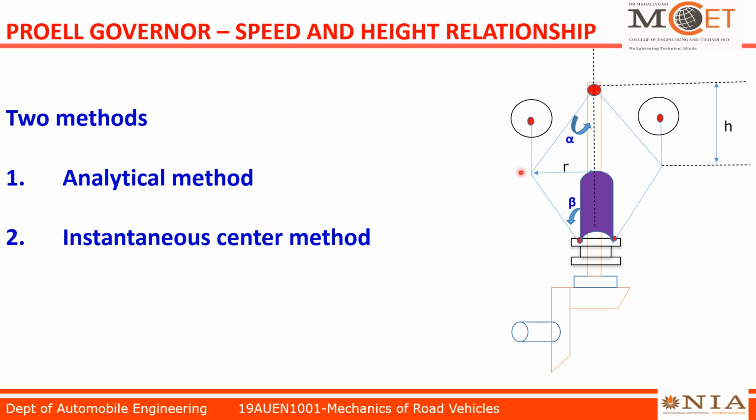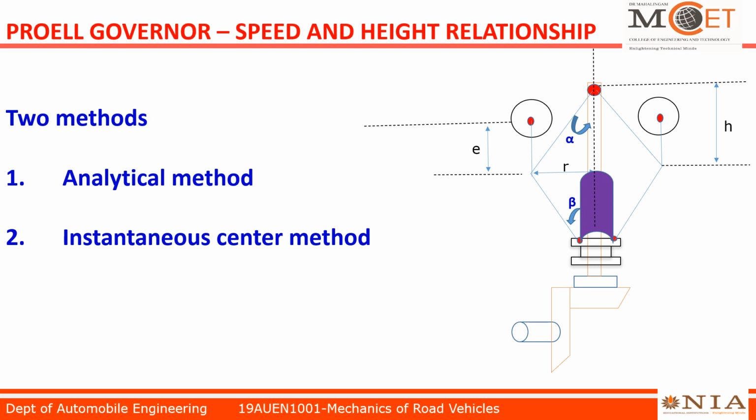Instead of fixing the fly ball at the center or connecting points of the upper and lower arm, we go for the eccentricity provided for attaching the fly ball on the Proell governor. This eccentricity makes the characteristics of the Proell governor, which differs the Porter and Proell governor, and the speed height relationship.